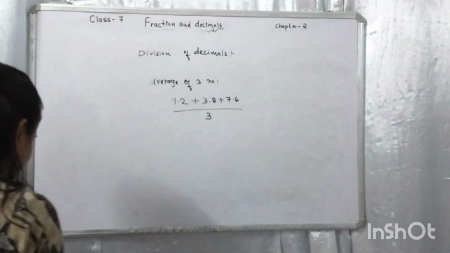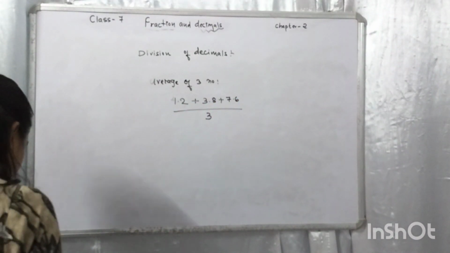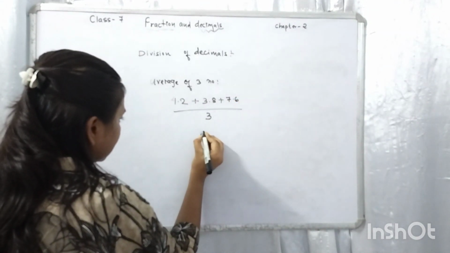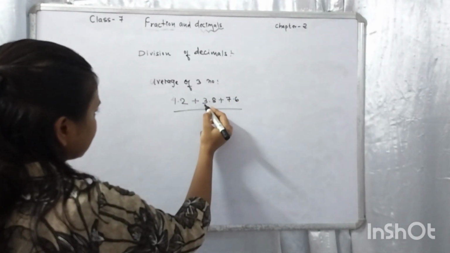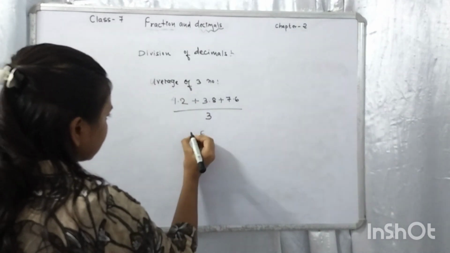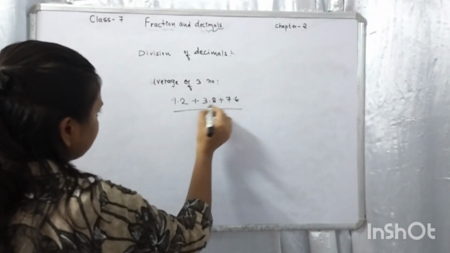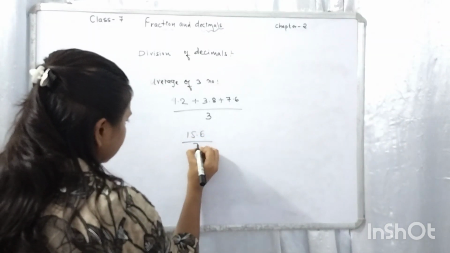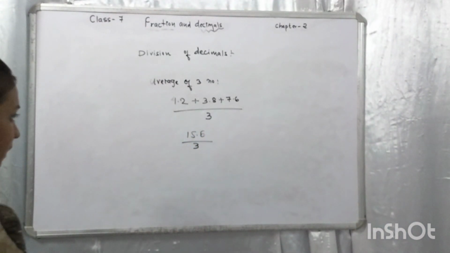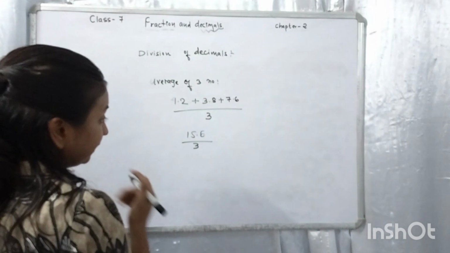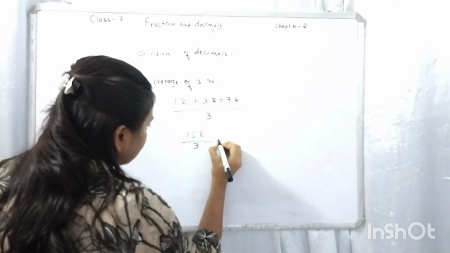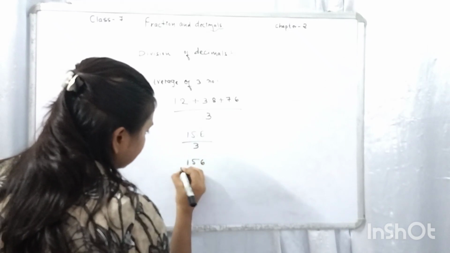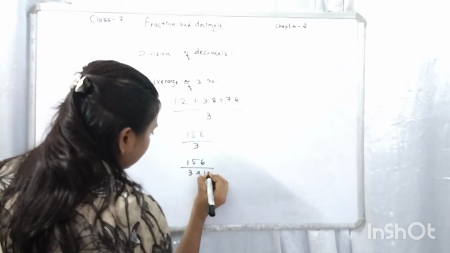So when you will add this 4.2 plus 3.8 plus 7.6, this will give you 15.6. So 15.6 by 3. Now you will convert this into 156 by 3 into 10.